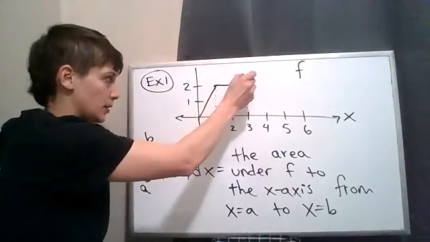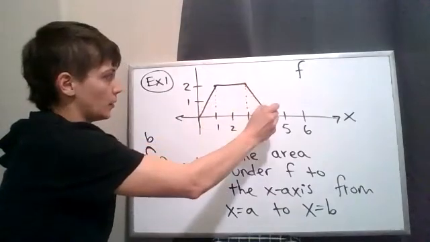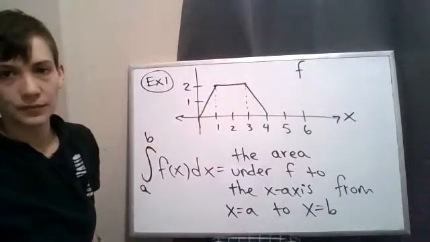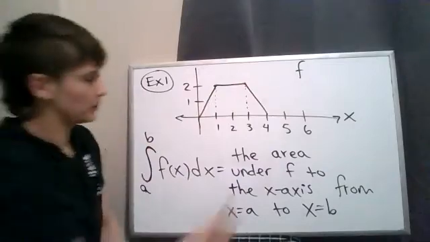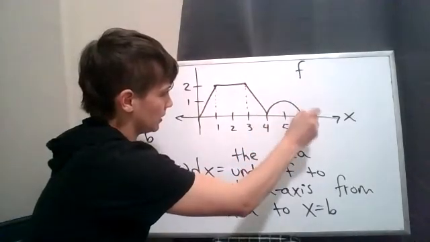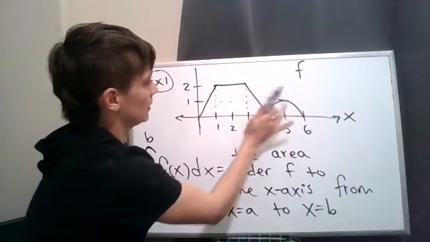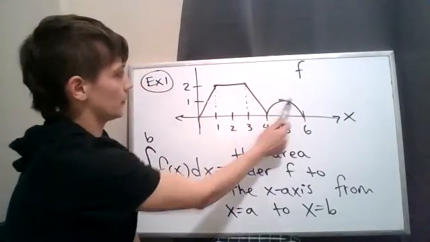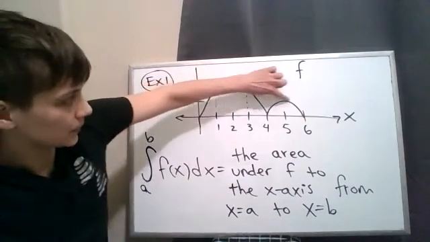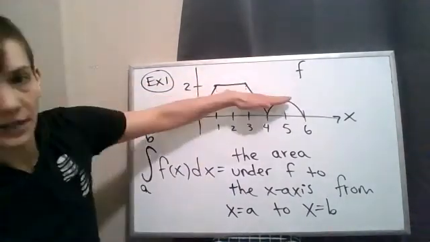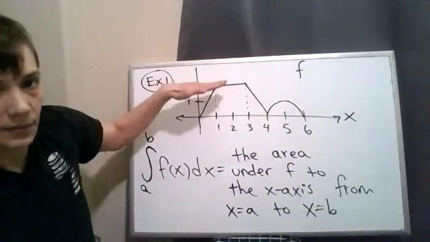Back down to 4, 0. And then a half circle between 4 and 6. Height 1. So that's supposed to match up with 1, and that's like y equals 2.